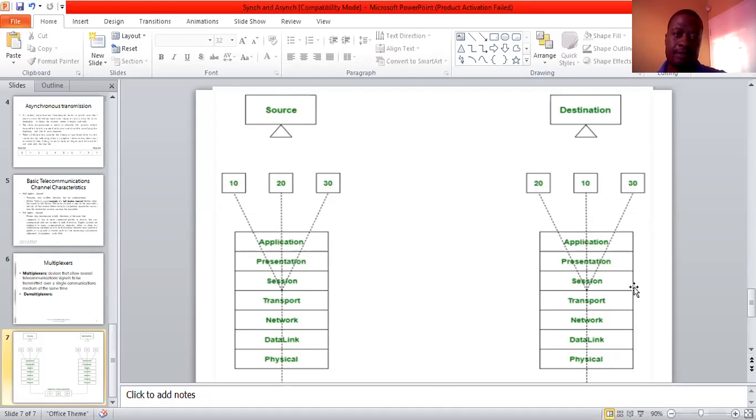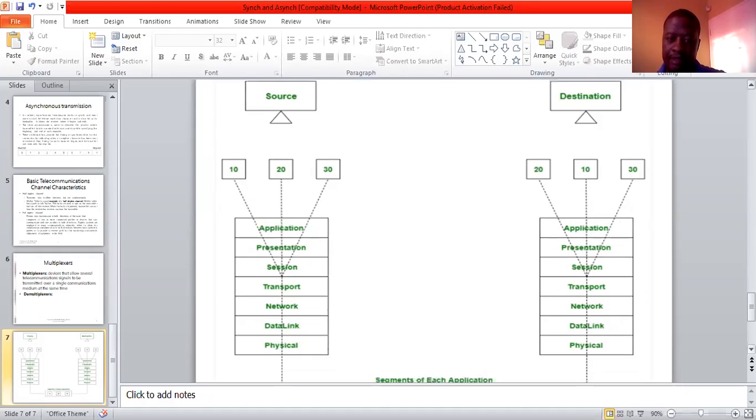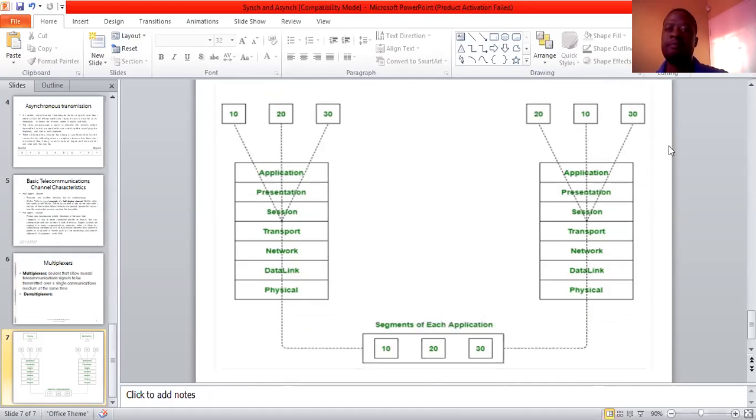So that's multiplexers. Now with the demultiplexer device, once these signals reach the destination, they are demultiplexed, meaning they are separated, and each of them goes to the device it was intended for.